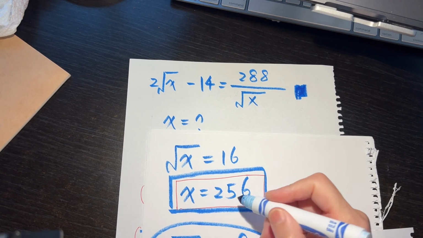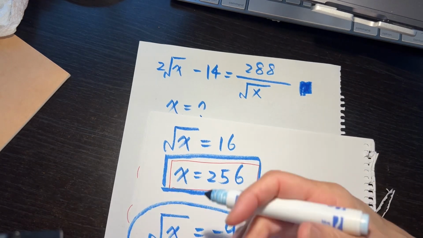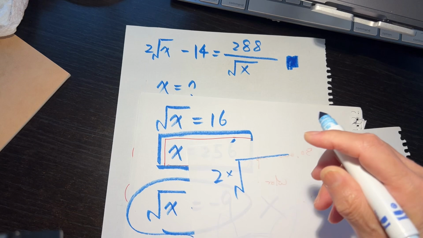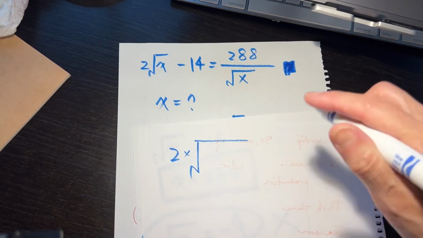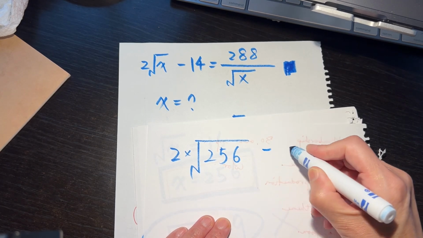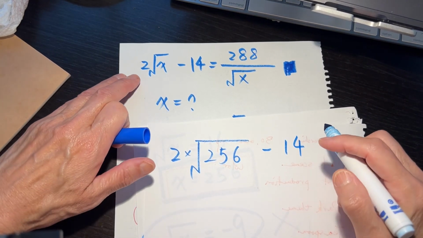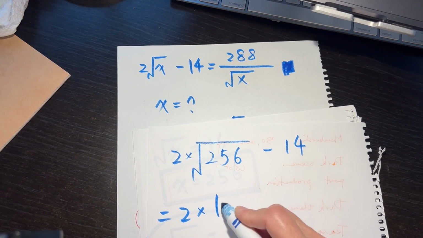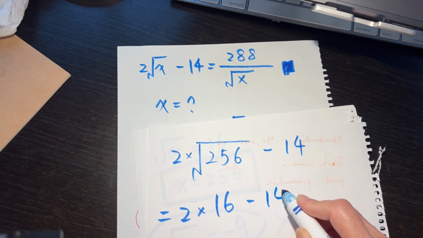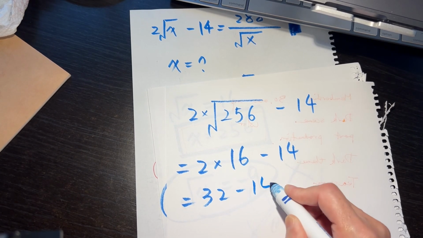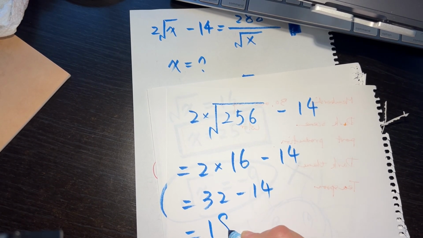X is 256, so 2 times square root of 256 minus 14 on the left side is 2 times 16 minus 14 equals 32 minus 14 equal to 18.